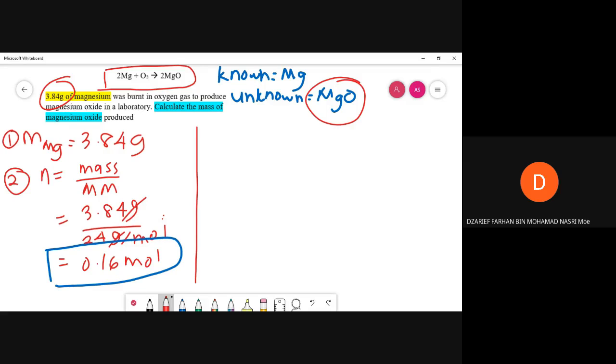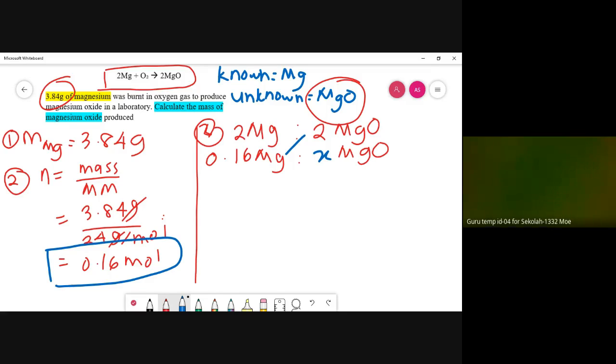So from the chemical equation, we know that we have 2 mole of magnesium, and the ratio is 2 mole of magnesium oxide. From the second step, we know that we have 0.16 mole of magnesium. So now we would like to find the mole for magnesium oxide.